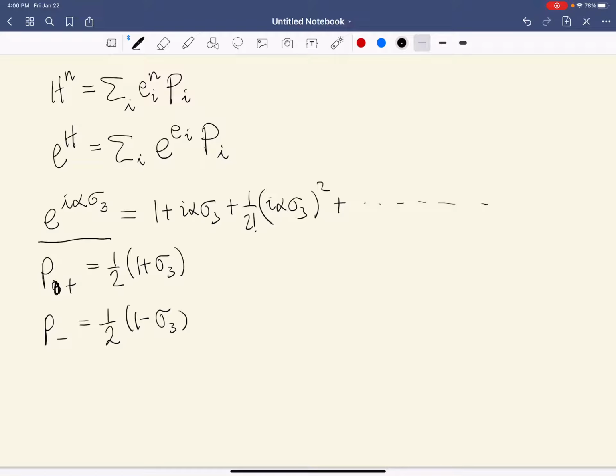Okay, so first of all, why is this a projector? Well, there are various ways of showing this, but maybe the most explicit one is simply by working out its matrix representation.